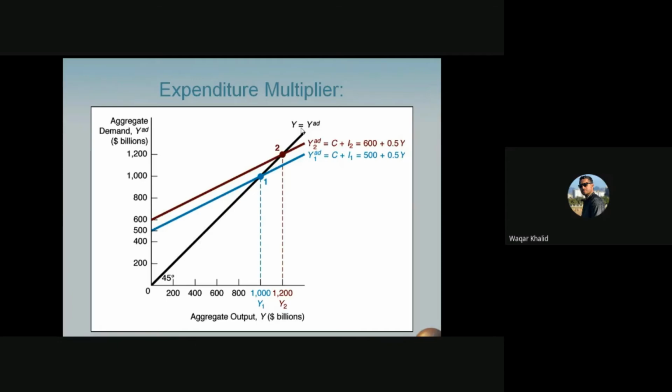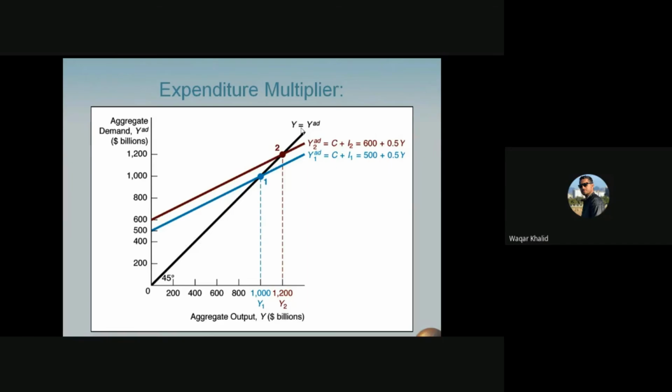That's why we can say that for every dollar increase in planned investment spending, aggregate output has increased twofold, two times. It means that we are changing investment by $1, but the output is changing by $2. If we change investment by $100, the output has changed by $200.